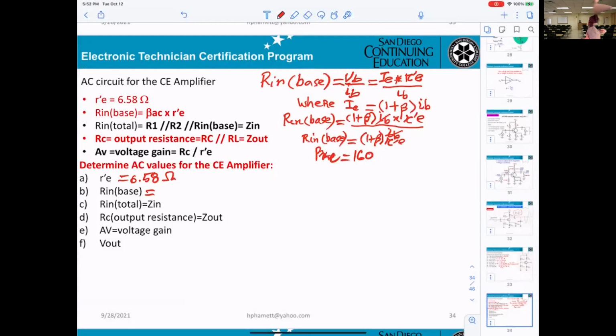R in base will be equal to beta AC times R prime E. Beta AC 160 times 6.58 is 1052.8. Yep, correct. Or 1.1K either way.